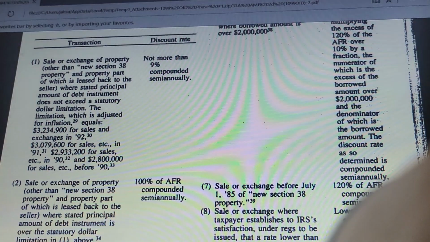The discount rate as so determined is compounded semi-annually. 120% of AFR compounded semi-annually.